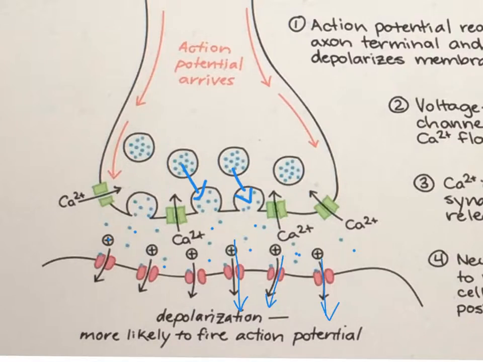That activates the depolarization here, and that will allow the action potential to continue on to the next neuron. It causes the depolarization that we saw in the previous lesson, and then the action potential will fire.